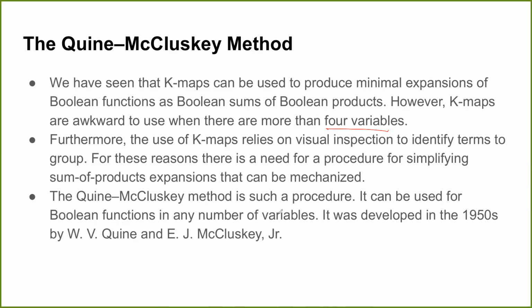What this method does is make the process of finding the minimization a little automated. There are standard steps to follow, which you can easily automate using any computer program. This was developed in the 1950s by two people, W.B. Quine and E.J. McCluskey.